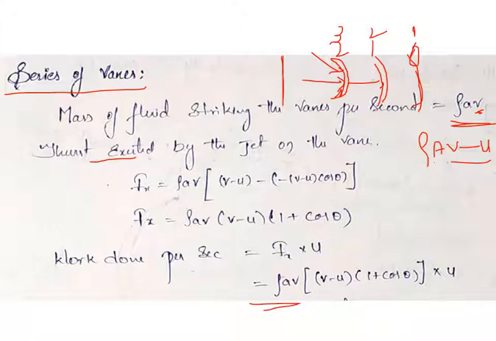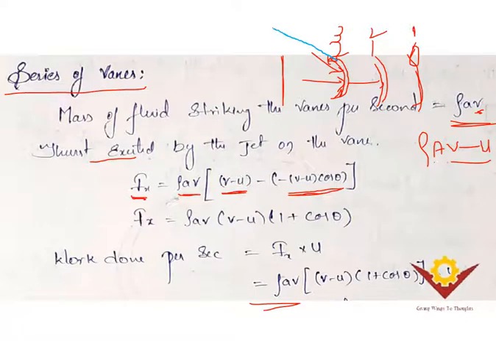That's why you are getting rho a v. And now the thrust or the force exerted by the jet on the vane, the force in the x direction, equals rho a v, which is mass per second, times v minus u, with which the jet strikes the plate, and this will be your final velocity or exit velocity.